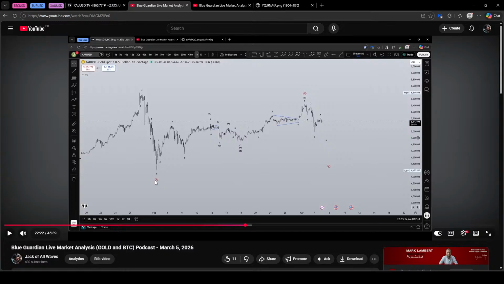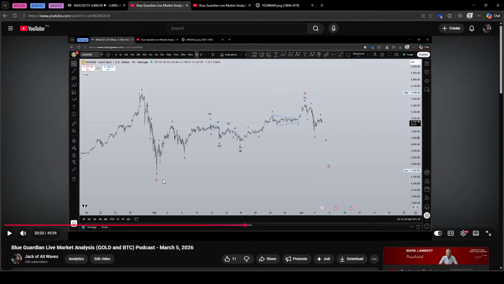Now, wave B is a corrective structure, so there are many possible corrective structures that can be used for this particular wave. However, we have identified already in my previous live market analysis that the structure of wave B is a zigzag.